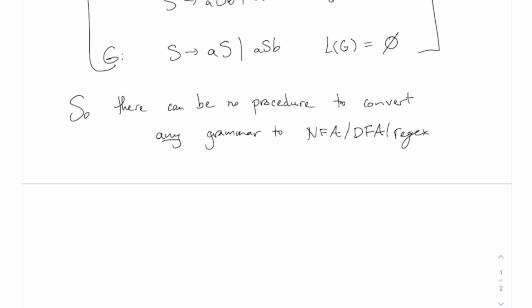Because those things, NFA, DFA, regular expression, can only make regular languages. And so if you start with a non-regular language generated by a grammar, it's not going to be possible to convert it. But the other way maybe is possible.